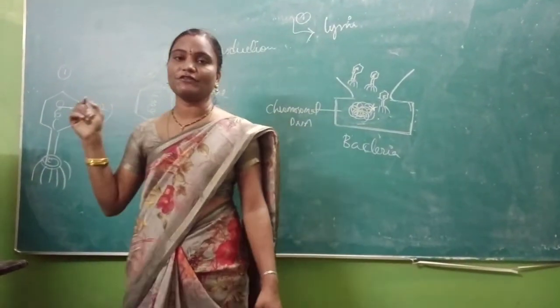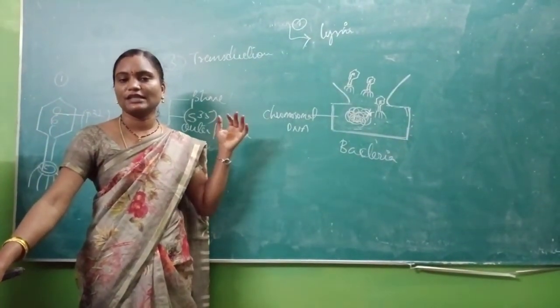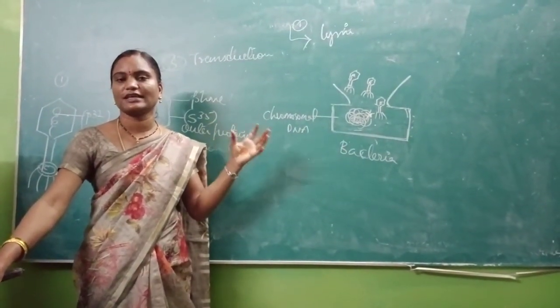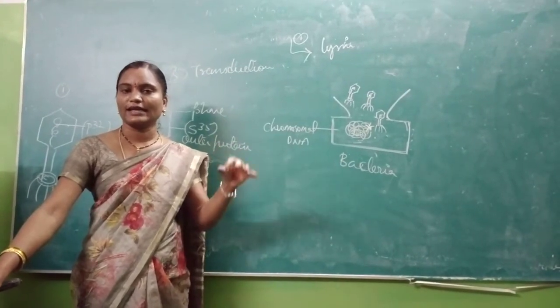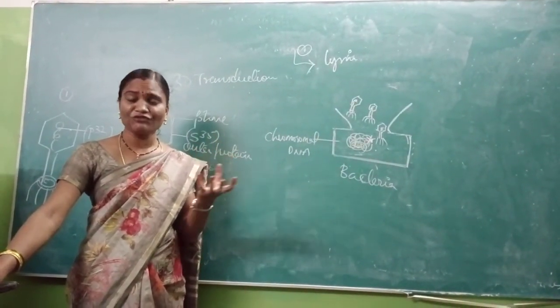When they are left for infection with the bacterial cell, in the first step, the adsorption, both the phages have gone through and attached or adsorbed with the bacterial outer cell wall with their spikes.